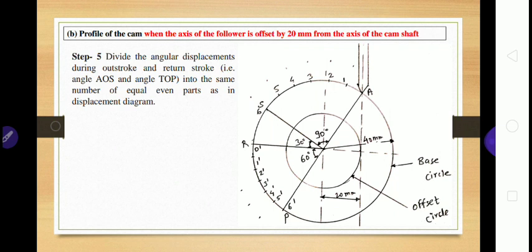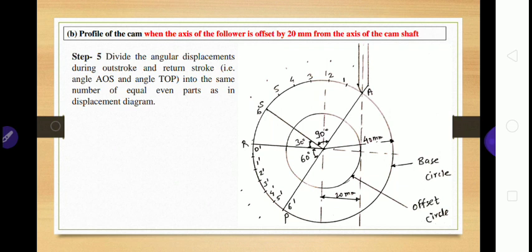Therefore 90 divided by 6 gives a 15-degree angle. Here each point will be at a 15-degree angle. From AO1 this angle will be 15 degrees, from 1O2 it will be 15 degrees, like that all angles.